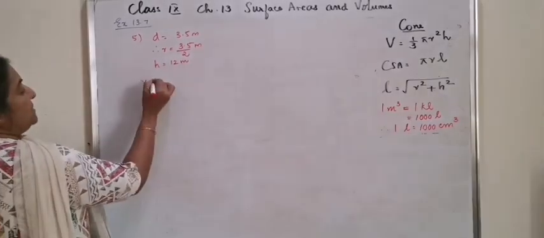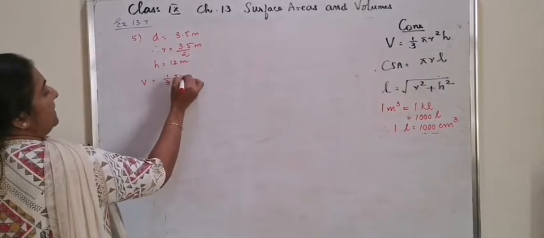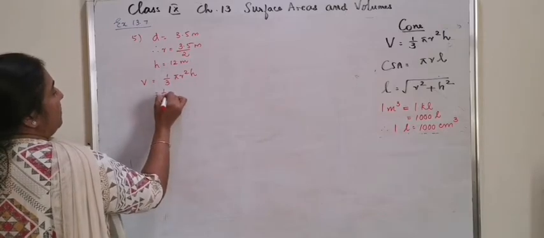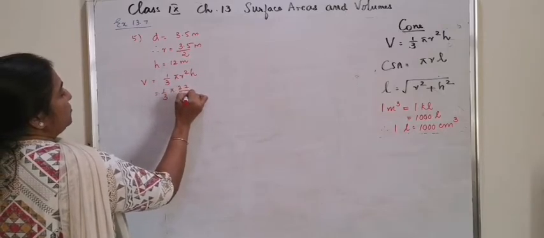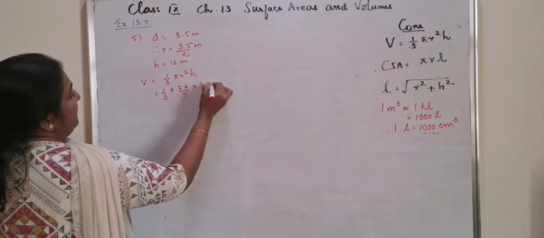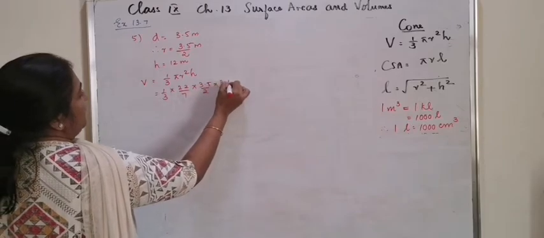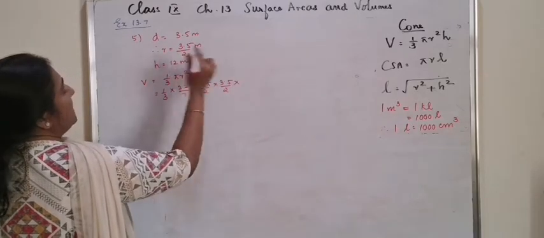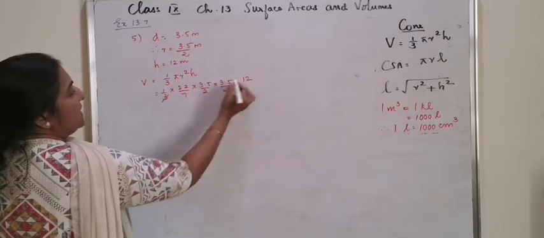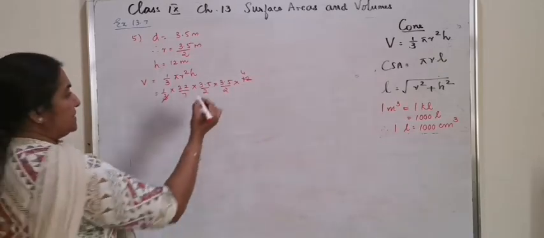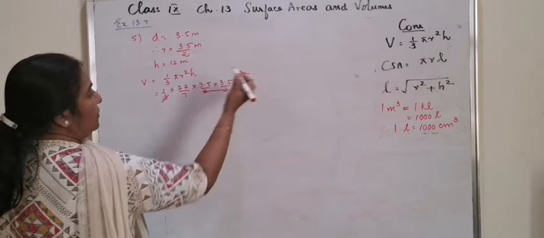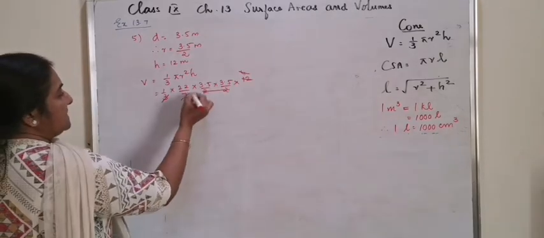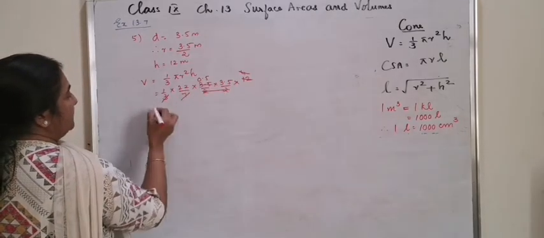So volume is equal to 1 by 3 pi r square h. 1 by 3 into 22 by 7, 3.5 by 2 into 3.5 by 2 into height is 12. 3 and 12 is 4 times. 2 2s are 4 and 4 gets cancelled. 7 and 35 is 0.5.